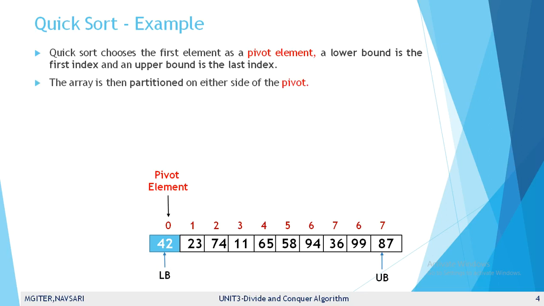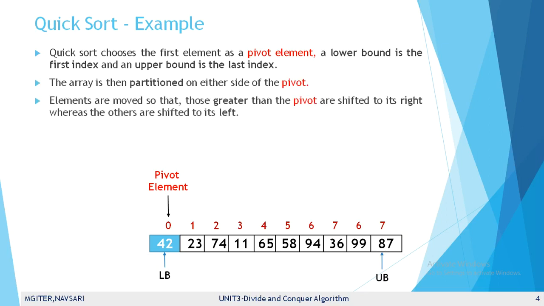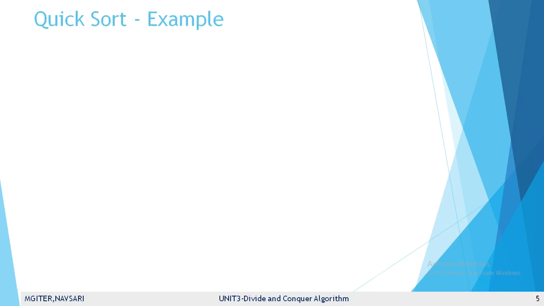Now the array is partitioned on either side of the pivot element. All the elements greater than the pivot element are shifted to the right, and all the elements less than the pivot element are shifted to the left. Now each partition is internally sorted recursively.